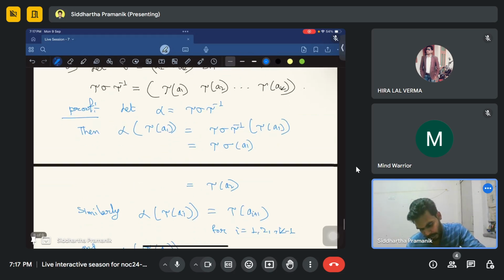So alpha sends tau of a1 to tau of a2 and so on, tau of ak to tau of a1.